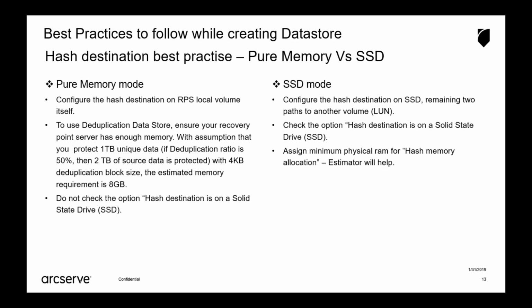Let's take example of 1 terabyte of unique data. If the deduplication ratio is 50%, then it is going to store 2 terabytes with 4K block size, and the estimation memory for this is 8 GB, which is the physical memory.